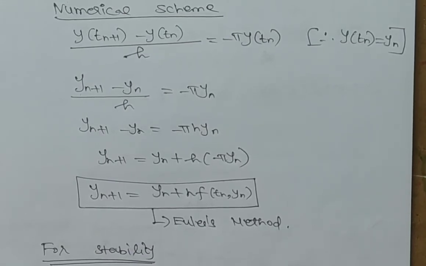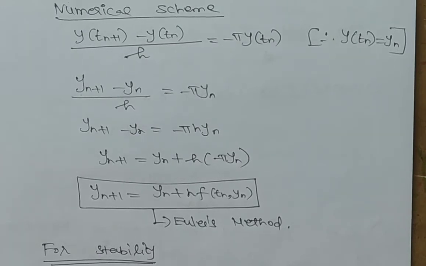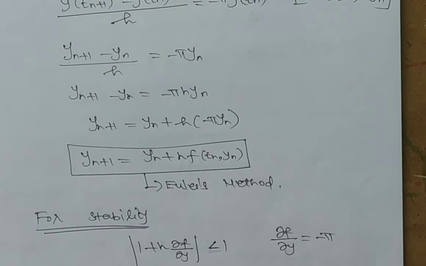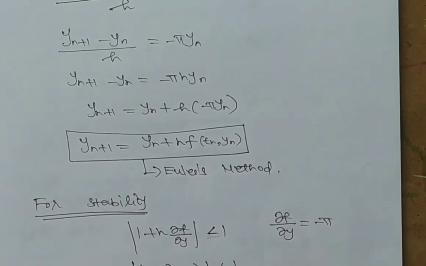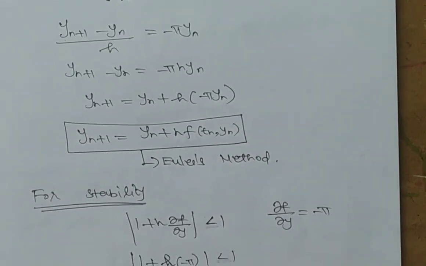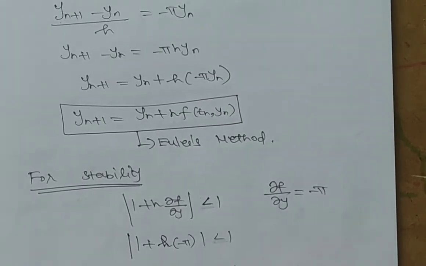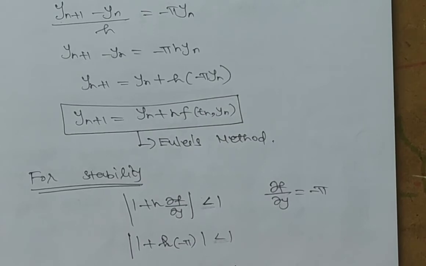This can be written as y of n plus 1 minus y of n equal to minus pi h into y of n. So y of n plus 1 equal to y of n plus h into minus pi into y of n. This can be written as the Euler method, y of n plus 1 equal to y of n plus h into f of tn comma y of n.